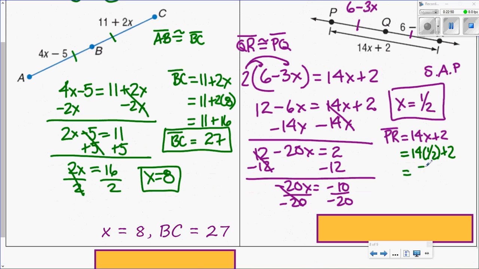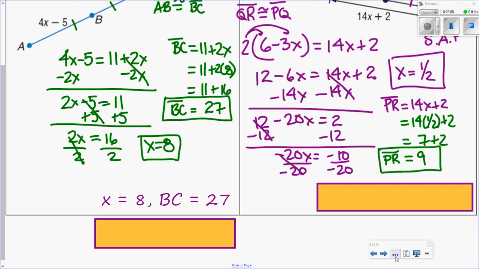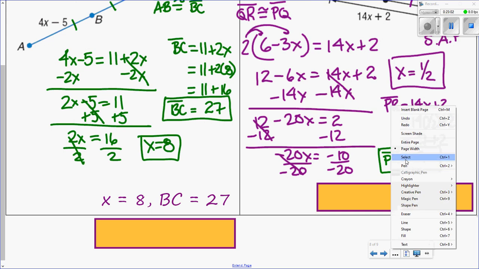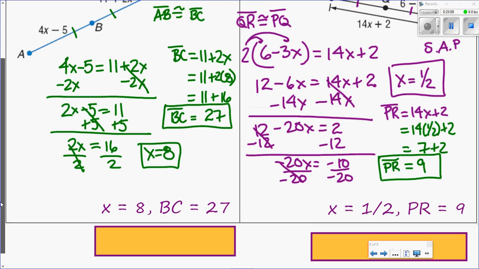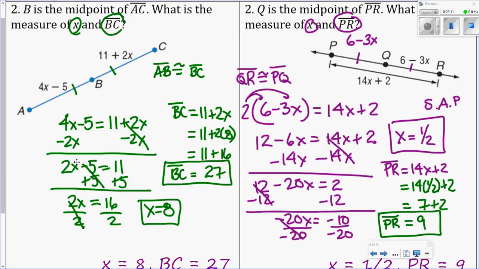This will give me 7 plus 2. And then segment PR equals 9. Alright, I bring this down, unveil the answer, select. And there we go. So that's finding the midpoint with expressions, finding midpoint in one dimension.